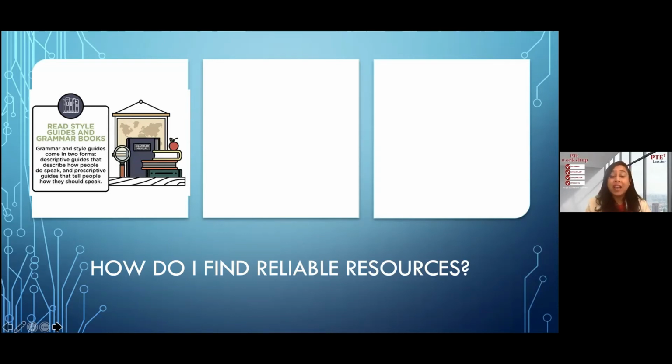So one is ideally what you should be doing, and the other is what usually happens in reality. They give you descriptions and explanations of how people usually speak in an English-speaking country, or how native speakers from different countries use English to express themselves. Those are called style guides, and you can find them online. So this is one kind of reliable resource.